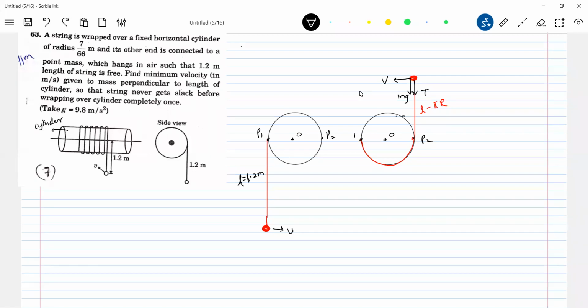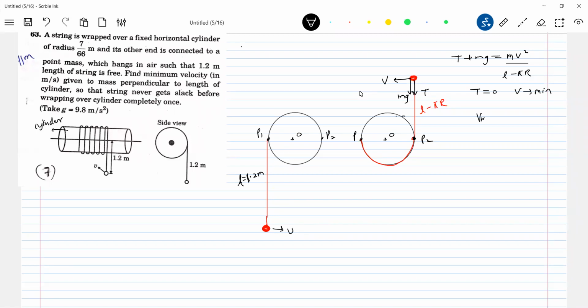Okay, now this will be P1. So now how to get that minimum velocity is what it's asking. First, what is the thing here? T plus mg equals m v square by L minus pi r. If T becomes 0, then V will become minimum.